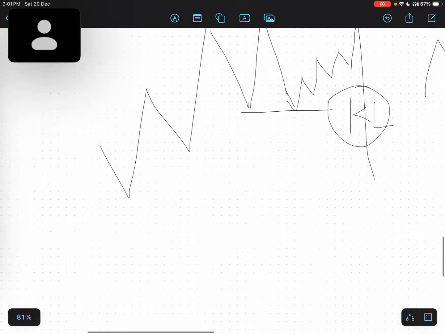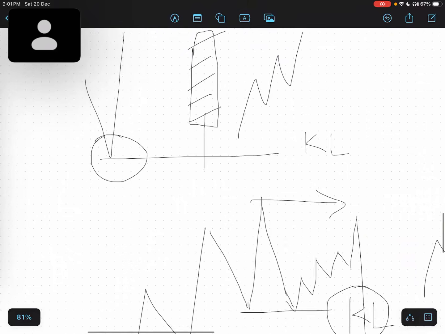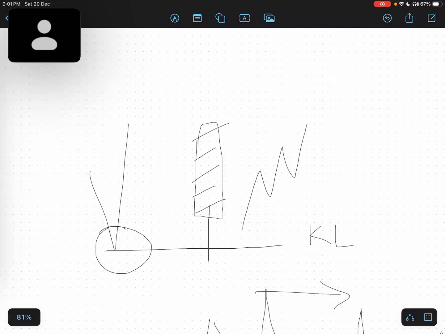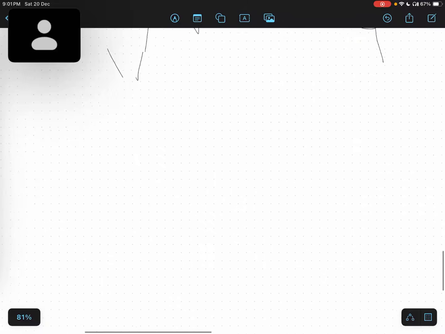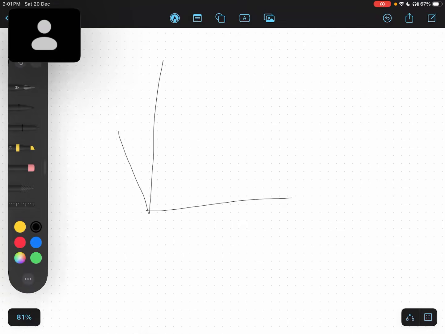Now the story is, when you don't have liquidity and you only have a key level, in that situation, you need to wait for the candle to close above the key level, and you need to wait for a sweep of that same key level.